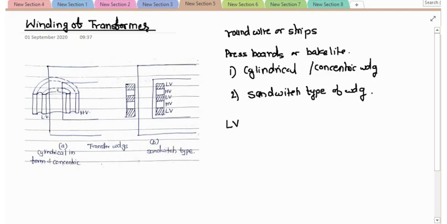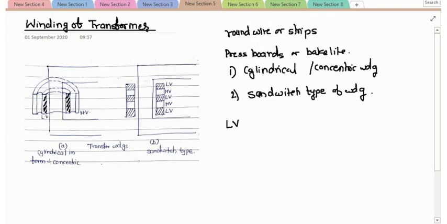So immediately after the limb, I am placing the LV winding. In figure A, I have shown the cylindrical winding in the form of cylindrical and concentric. So this is your LV winding, which is placed immediately after the limb of the magnetic core.